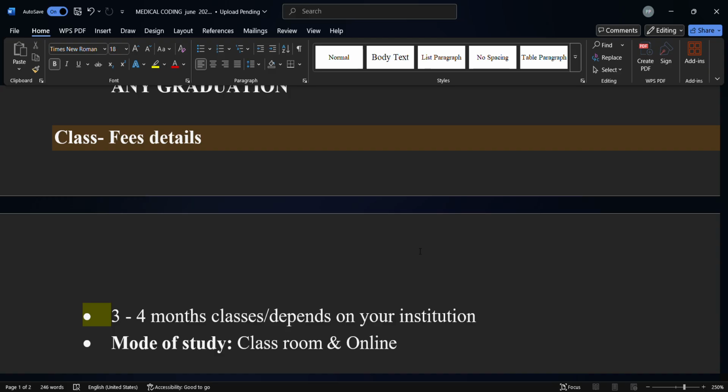One institution may charge 13k, another 14k, 15k, etc. It is based on your institution and its reputation. Clear? And mode of study, you can take classroom study and online also. Offline and online classes are available.